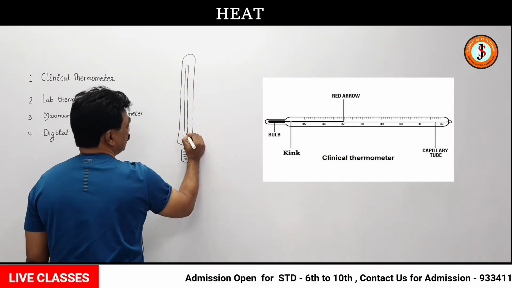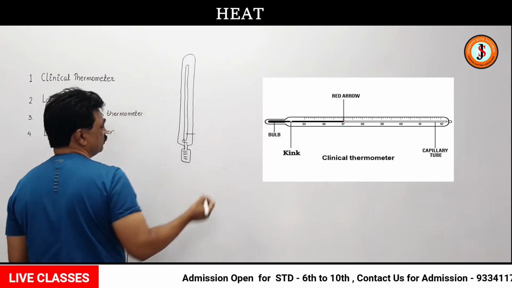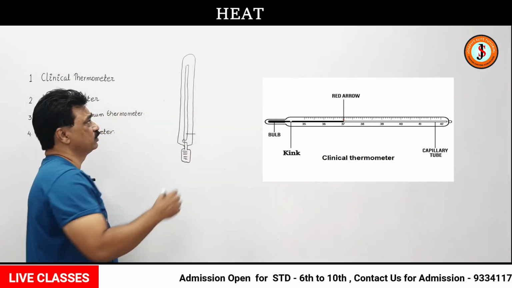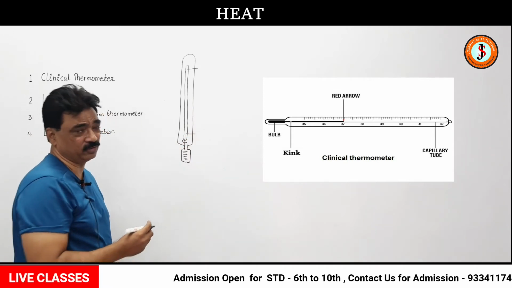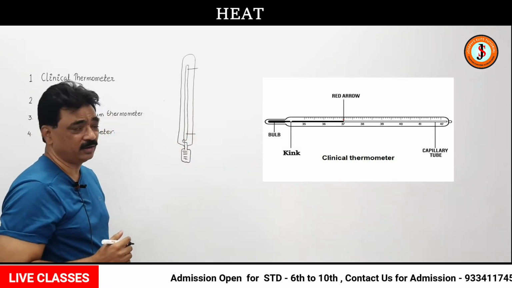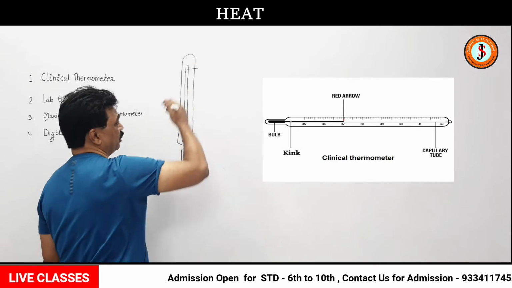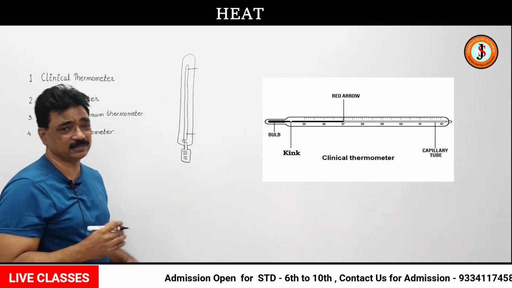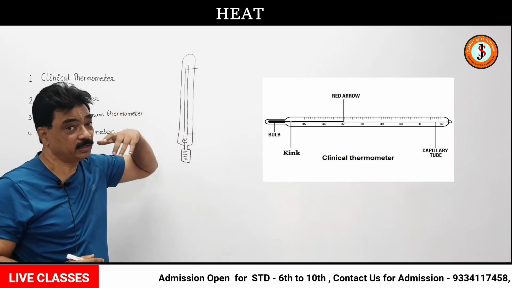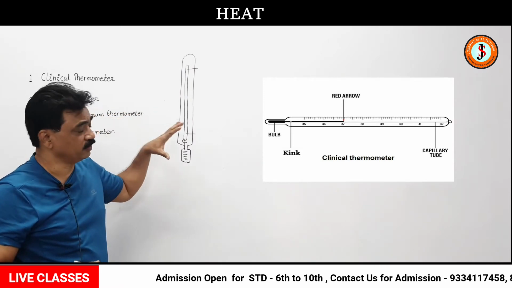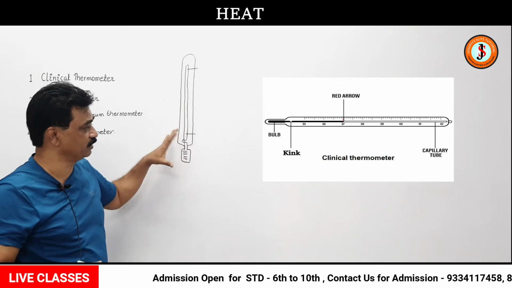Now there are graduations. Clinical thermometer means it can start with 34, 35 degrees centigrade, and normally it is 37 to 42, so you can keep it up to 43, 44 degrees centigrade. So I am talking about degree centigrade, this is the clinical thermometer.